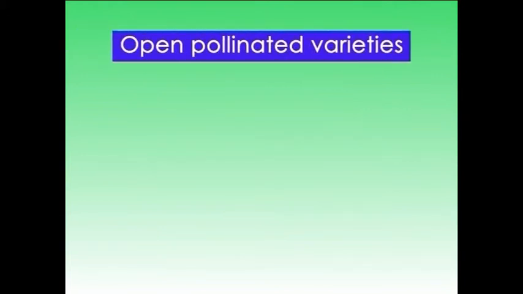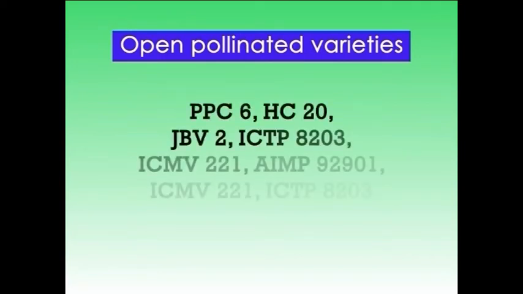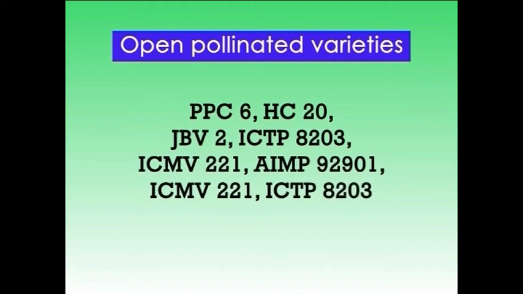And among open pollinated varieties, PPC 6, HC 20, JBV 2, ICTP 8203, ICMV 221, AIMP 92901, ICMB 221, ICTP 8203.